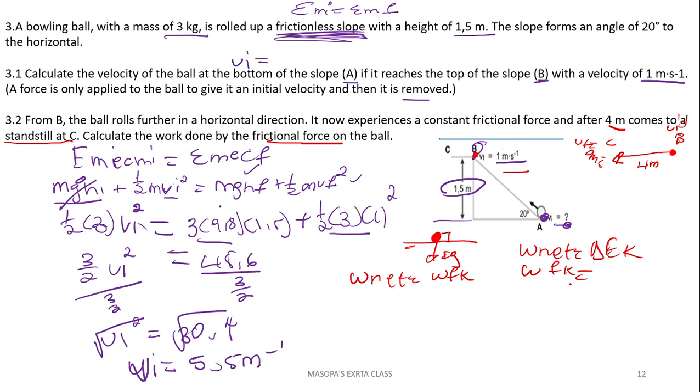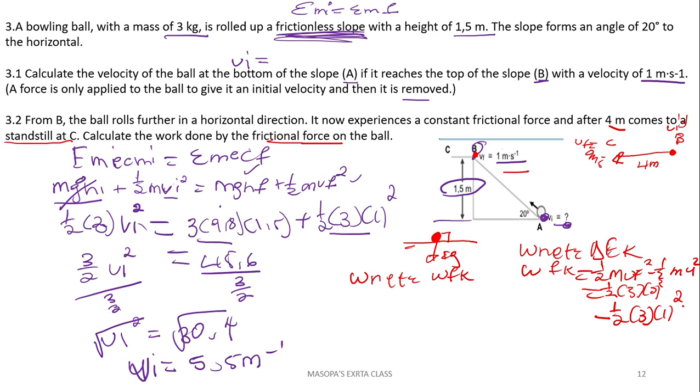And then you're going to say, let's break this down. Final velocity minus this one. Then what is the mass of your object? 3. Final velocity 0, because it comes to a standstill at point C. Then you're going to minus, allow me to write here, 1/2 mass of 3, initial velocity, we said it was 1.